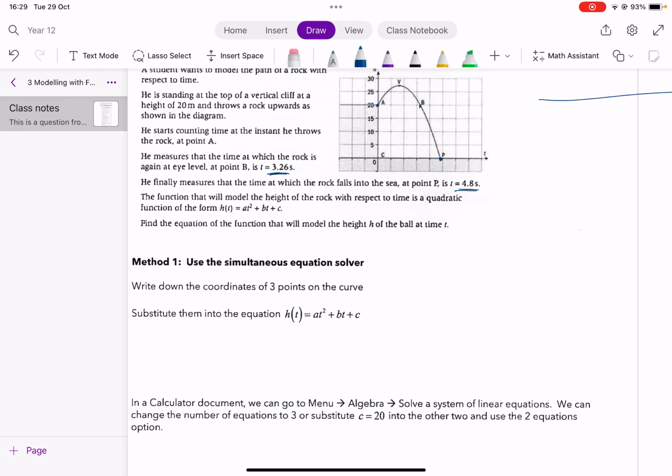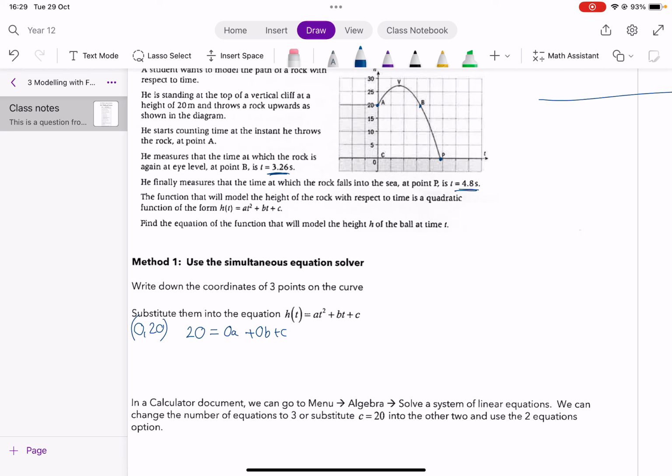So we have been given the form of this quadratic, at squared plus bt plus c. Obviously we're using t's instead of x's because we're talking about time. So what we can do is we can substitute in each position that we know about. So we know that at time 0, the rock is 20 meters above sea level. So we can substitute that in. We know the height is 20. So I have 0a plus 0b plus c.